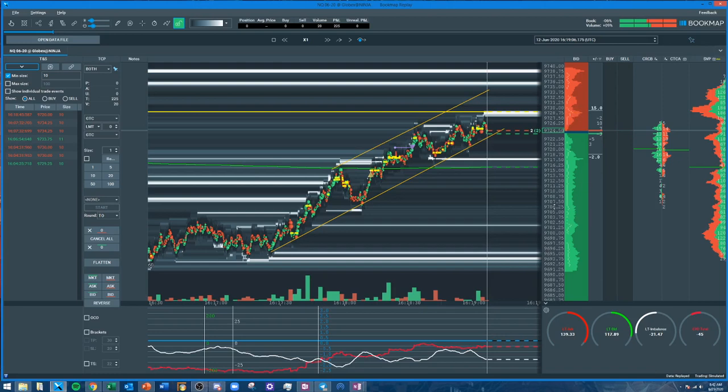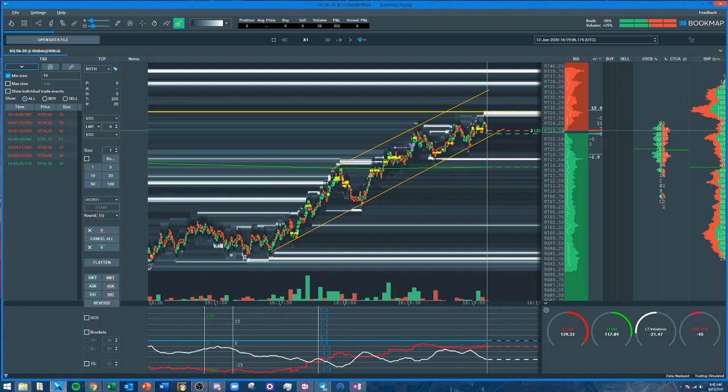Another thing that's really valuable is the use of the volume profile. Right here you can see we have volume as a measure of time. But on the volume profile on the right here, we can see volume as a measure of price, basically.